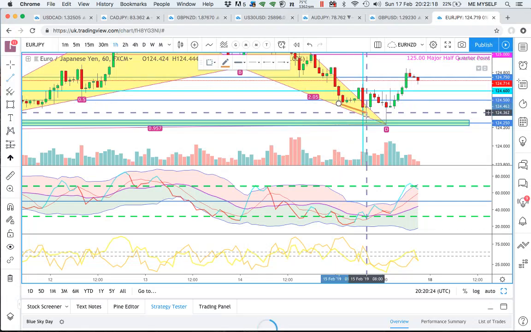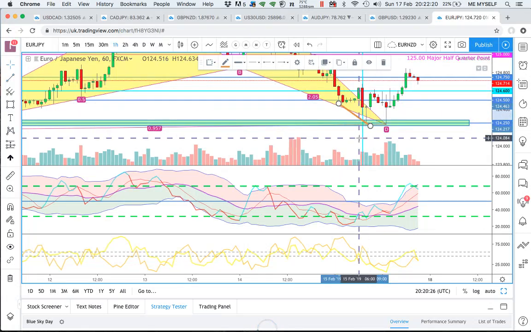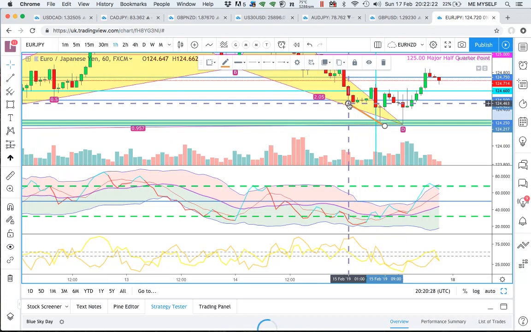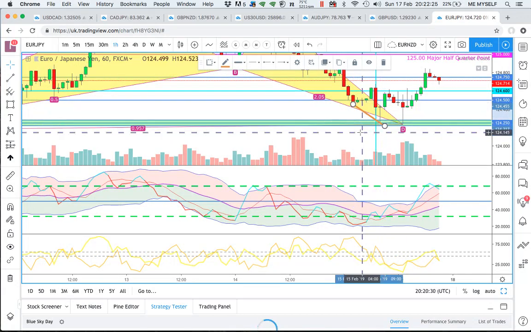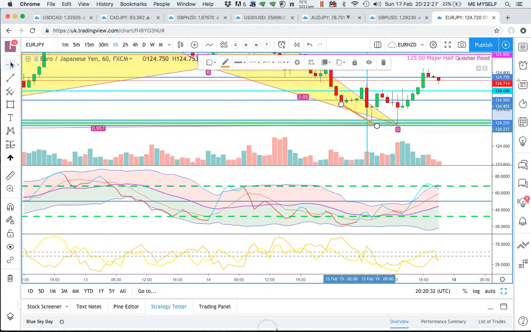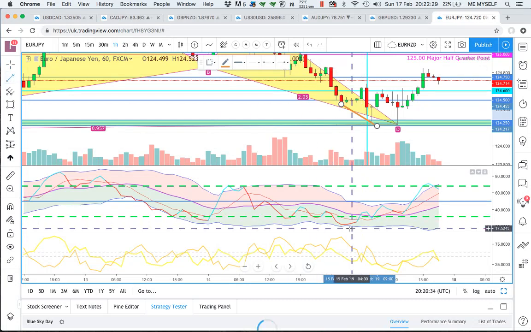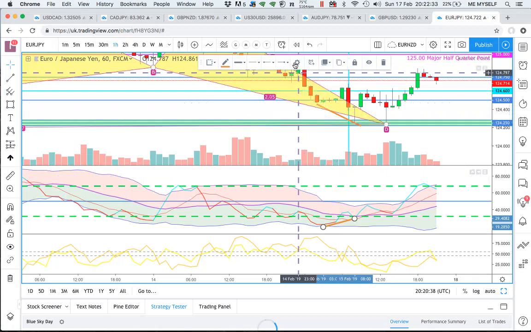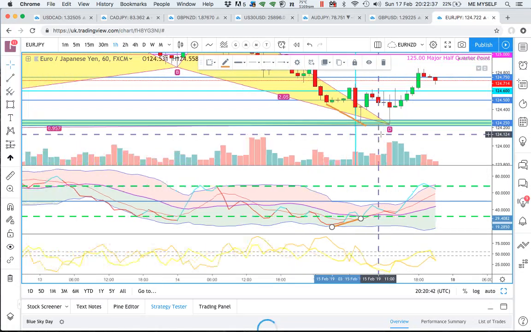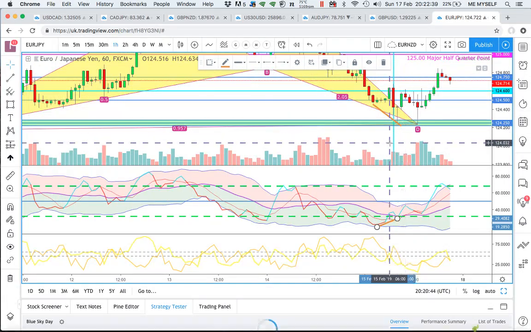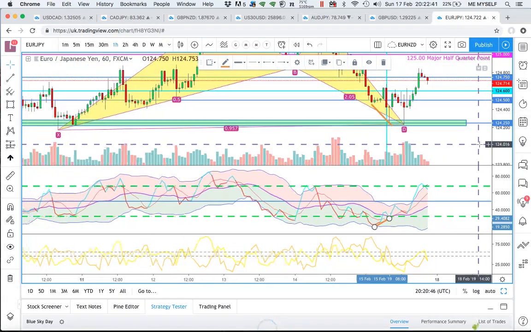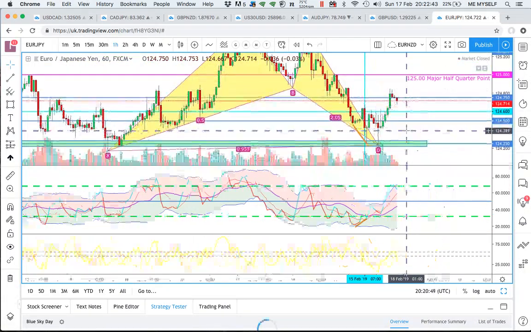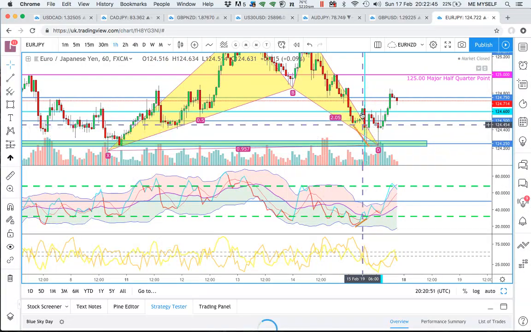Price is giving you a lower low right there. Okay, price is giving you a lower low. Indicator has given you a higher low right there, and we're bouncing off of support and resistance levels, this price structure, off of this quarter point level right here. So right there, you should be saying, boom, that should be my entry.